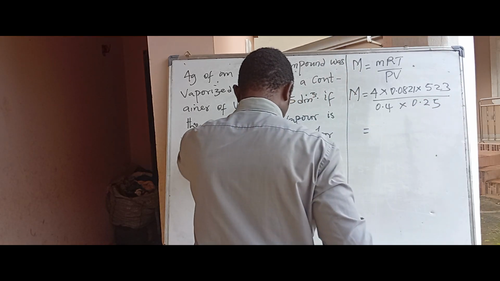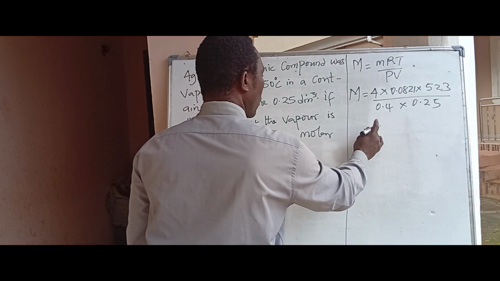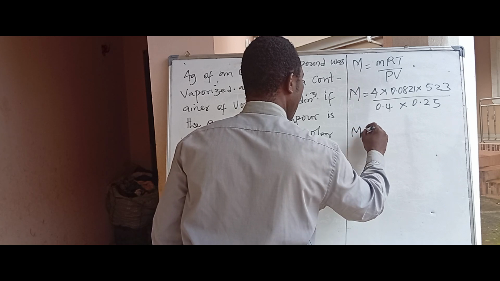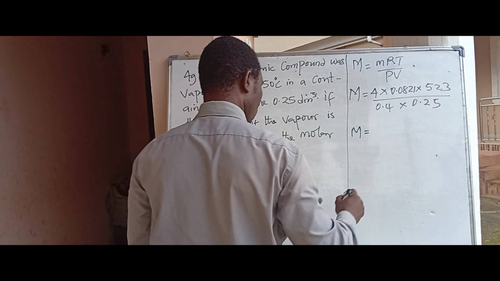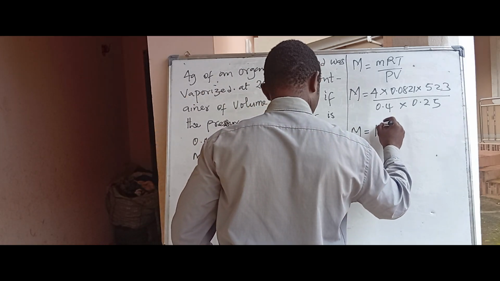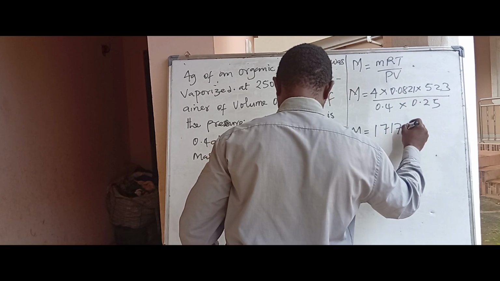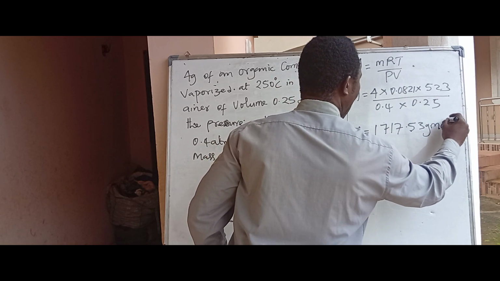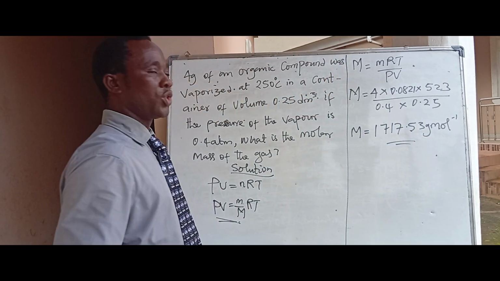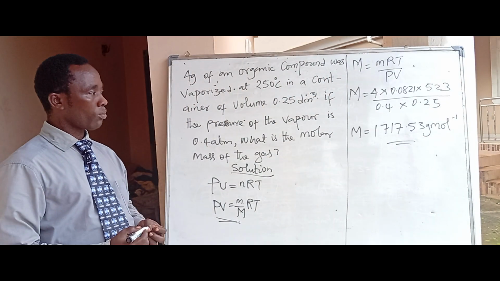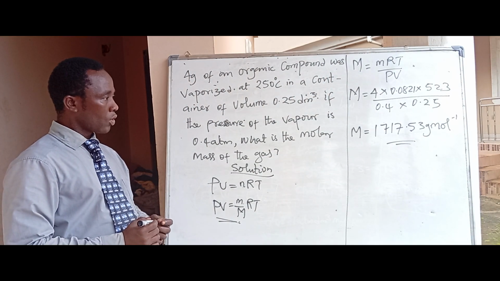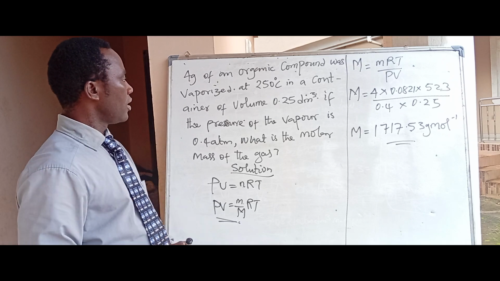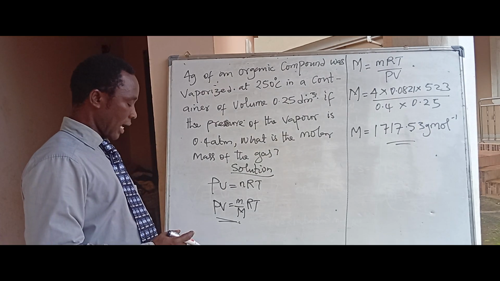When we multiply out, we get the molar mass of the gas to be 1717.53 gram per mole. I hope it is not too huge, but that is the answer. So we have gotten the molar mass of the gas.